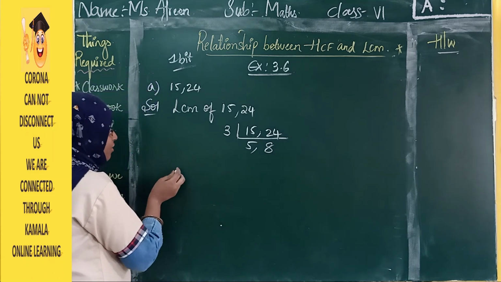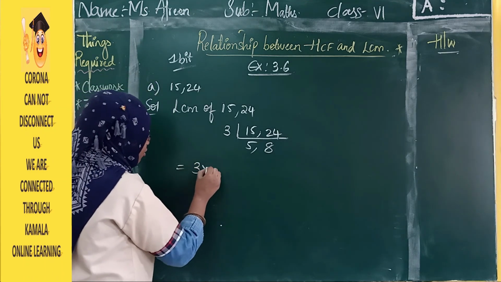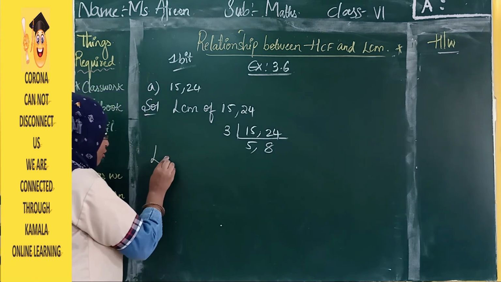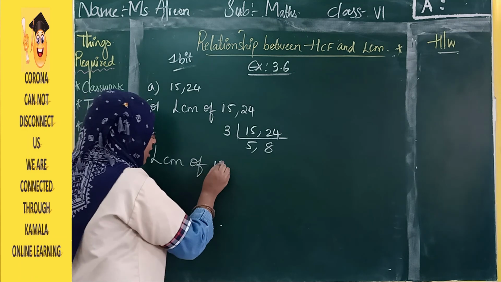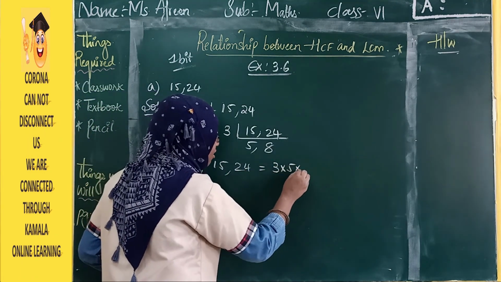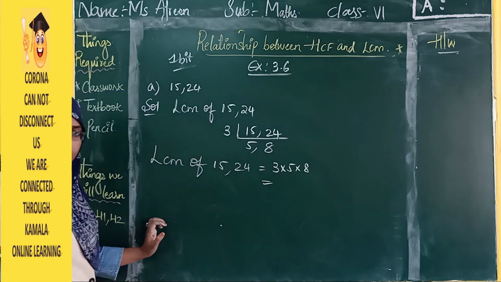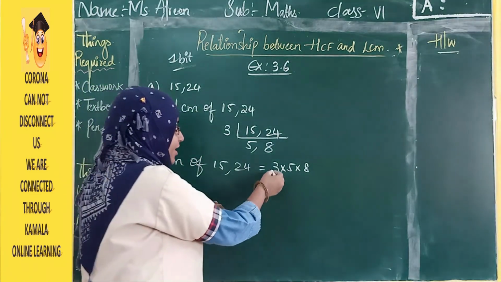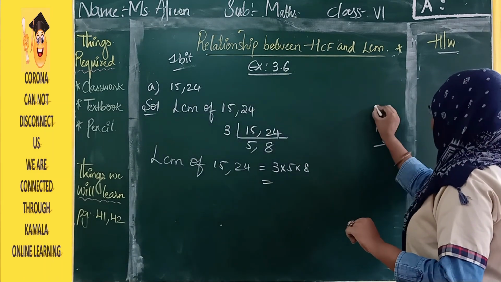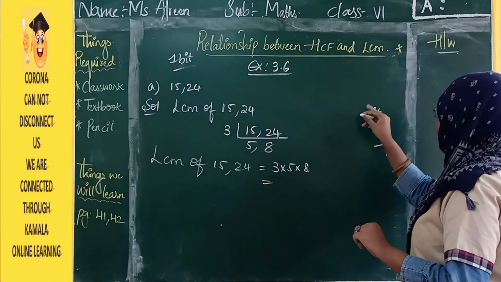So the LCM of 15, 24 is equal to 3 into 5 into 8. 5 threes are 15, and 15 eights is what? 5 eights are 40, 8 ones are 8, 8 plus 4 is 12.